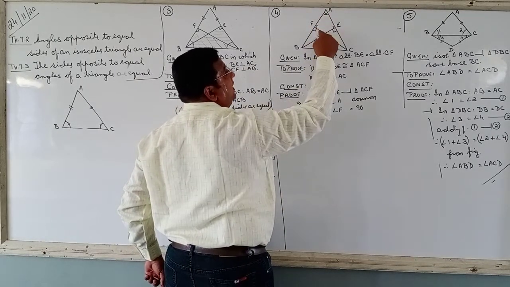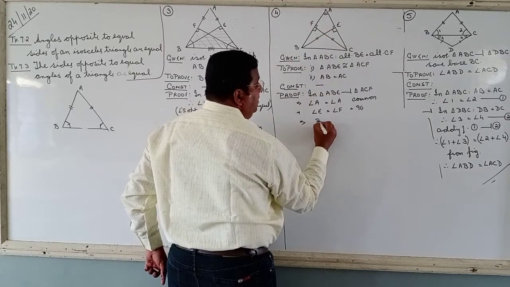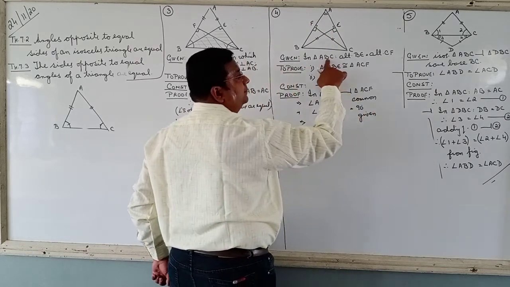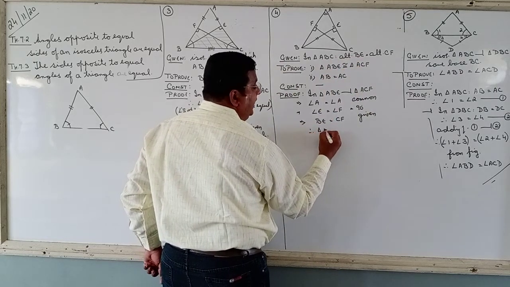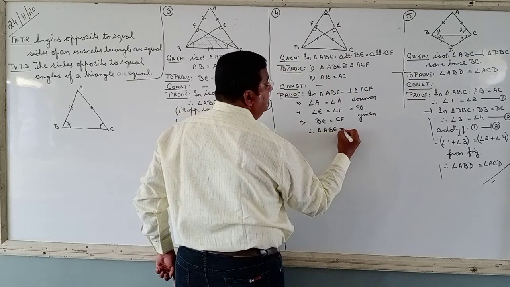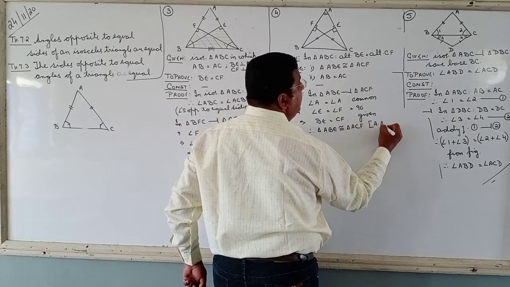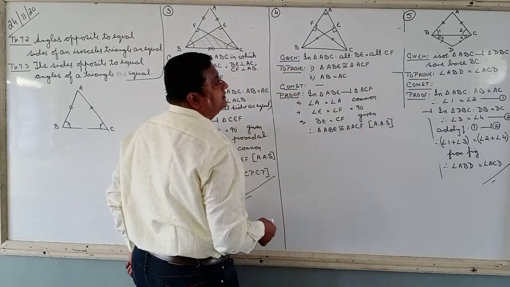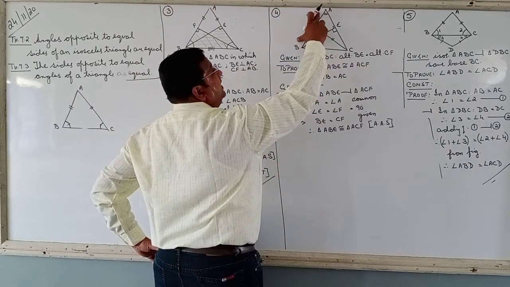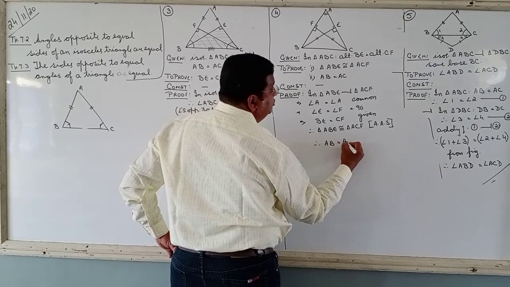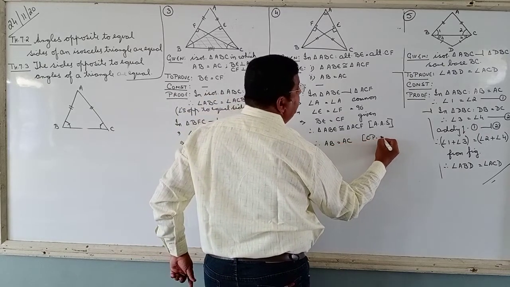BE is a part of this triangle. CF is a part of this triangle. BE is equals to CF given to us. So therefore, triangle ABE is congruent to triangle ACF by what congruency? AAS. And if these two triangles are congruent, is the side AB equals to AC? So therefore, AB equals to AC, reason CPCT.